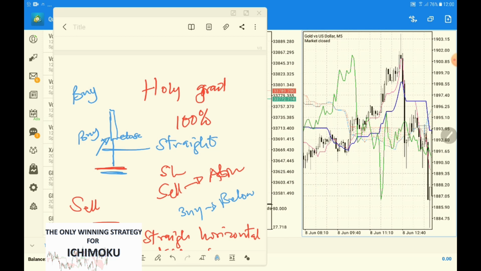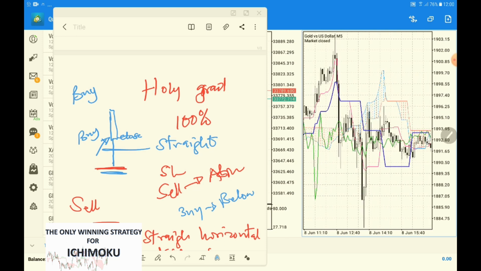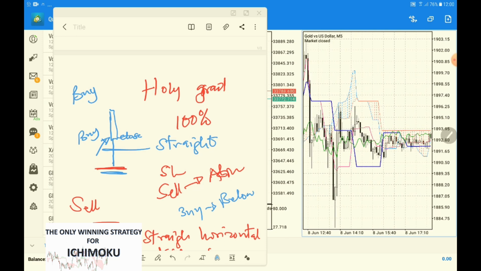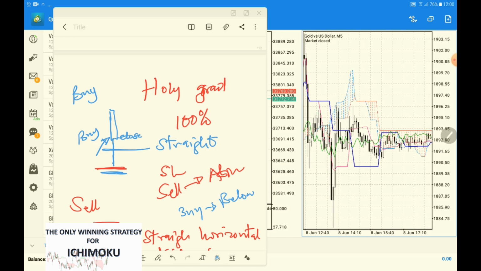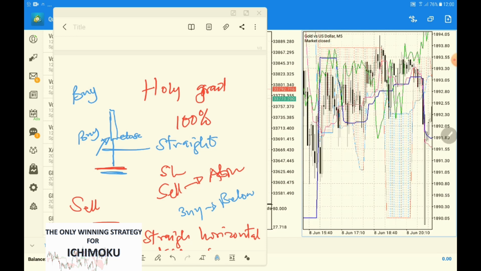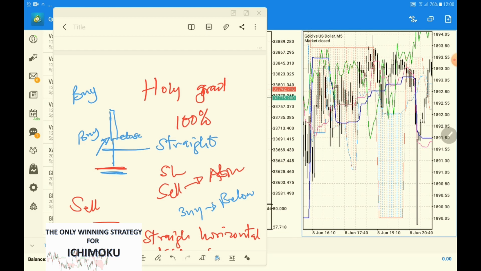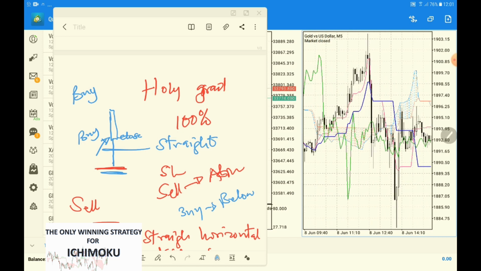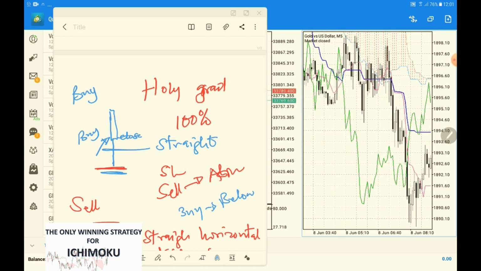Oh god, that was a big mistake. Sorry guys, I touched my screen. But no problem, we've got more things to show. So another example is right here. It broke. This is not perfectly horizontal, so let's skip this part and look for something more beautiful.